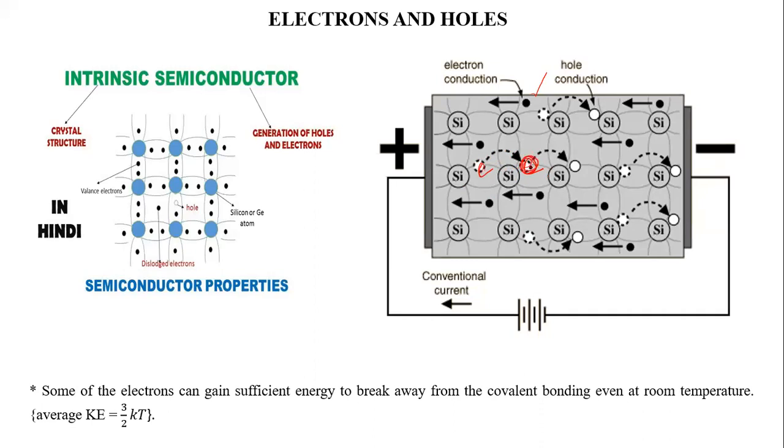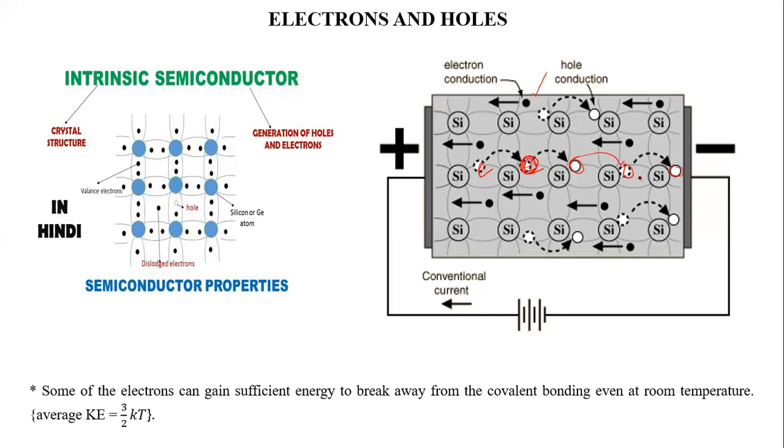So the vacancy is shifted to this, then to this, and then to this. The movement of holes, as you see, is within the valence band, or it is simply the shifting of vacancy from one covalent bond to another.